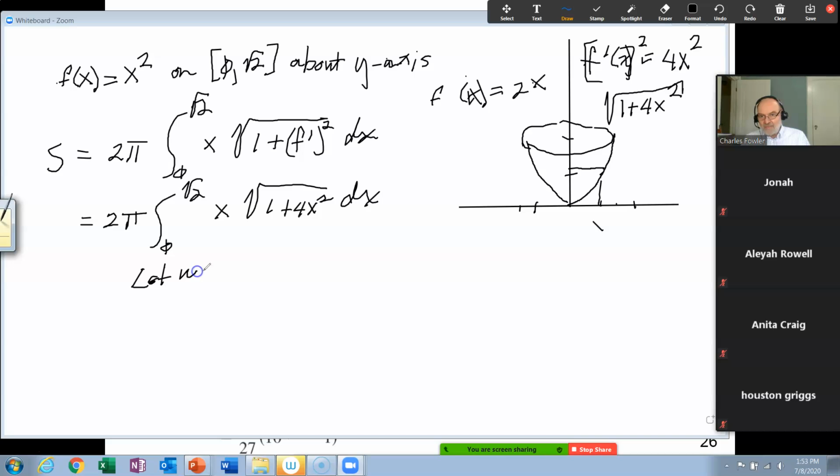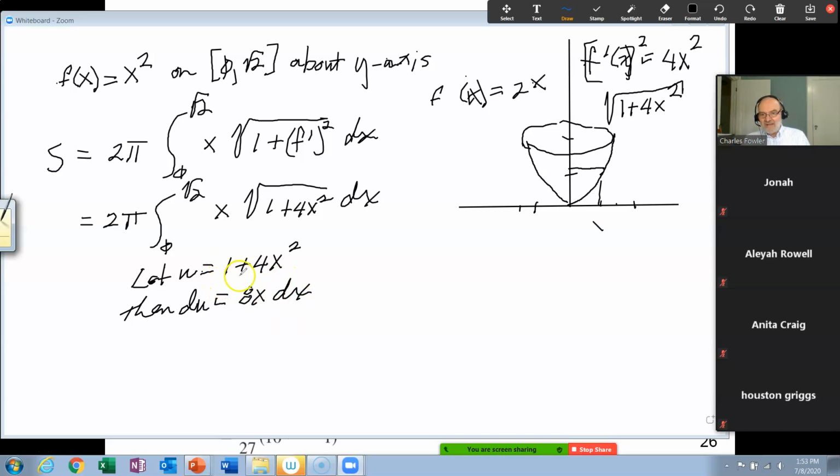Let u equal 1 plus 4x squared, then du is equal to 8x dx.